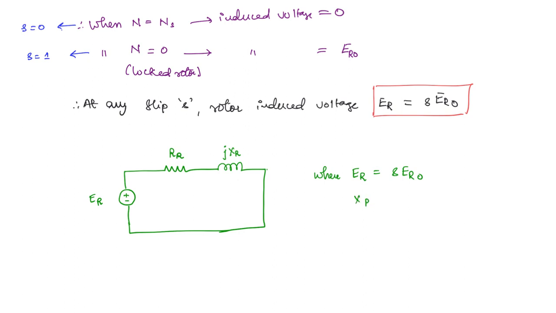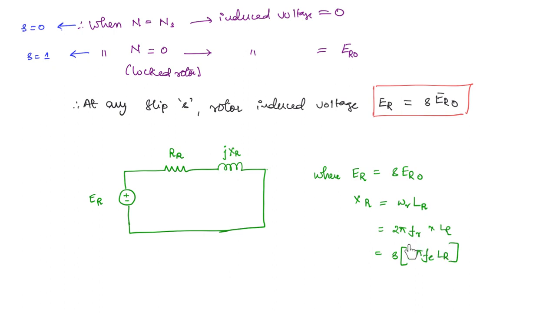And what about XR? We know that the reactance will be equal to the angular frequency into the inductance. So you can write the rotor frequency, and this is the rotor inductance. So the reactance is a frequency dependent component. How can we express it in terms of the slip? The angular frequency you can write as 2 pi FR into LR. Now FR you can write as S into FE. So you can take S common and you get S times 2 pi FE into LR.